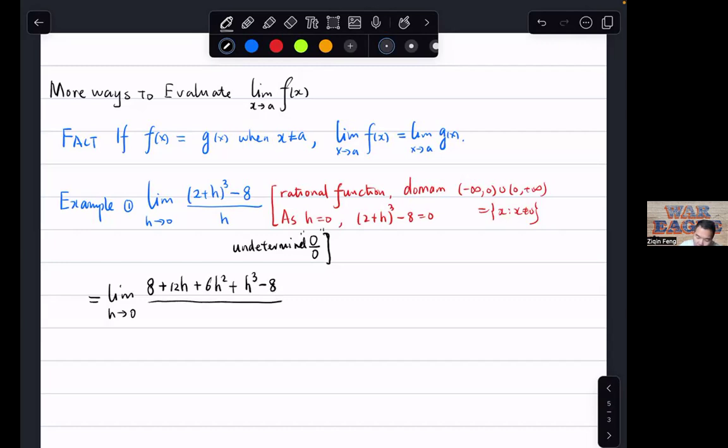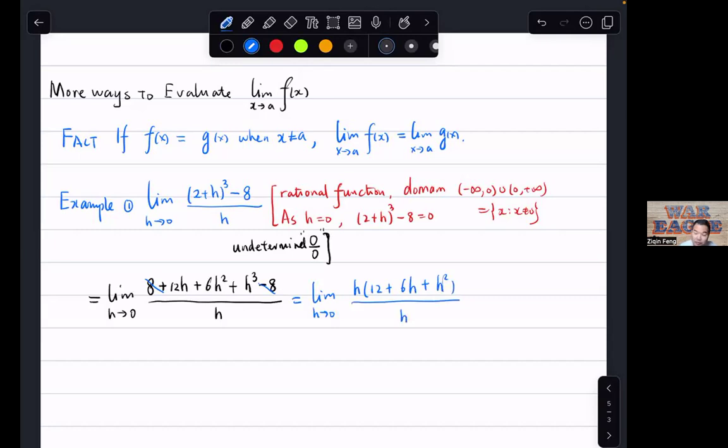All over h. If you simplify the numerator, the 8s cancel, and then you have a common factor h, which is h times (12 plus 6h plus h squared) over h.